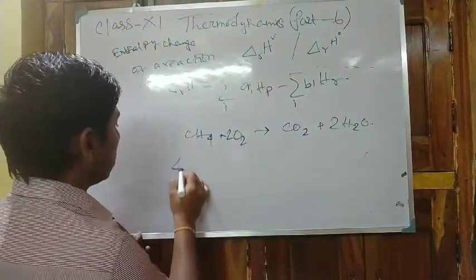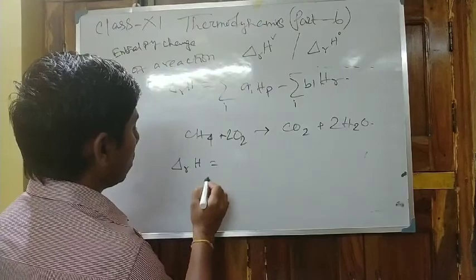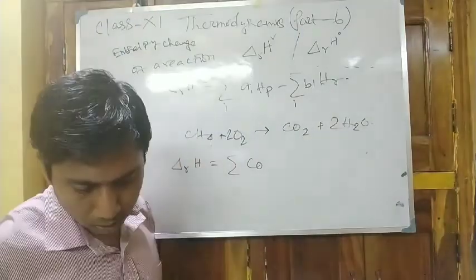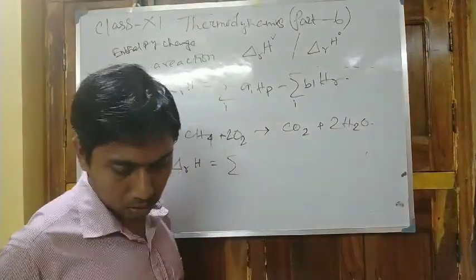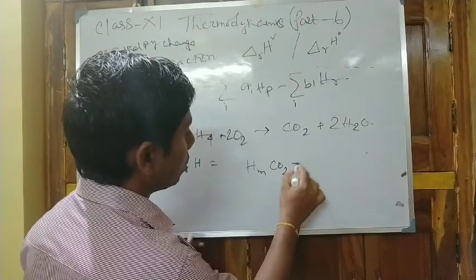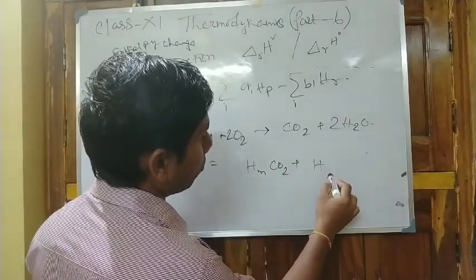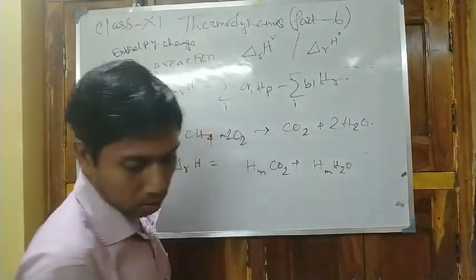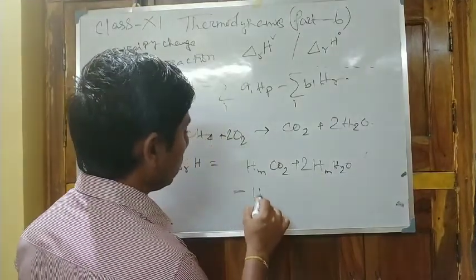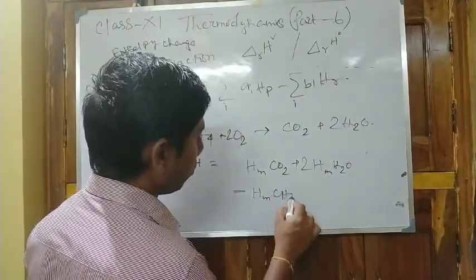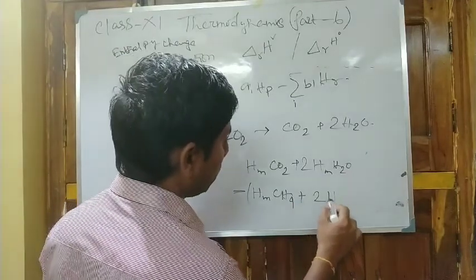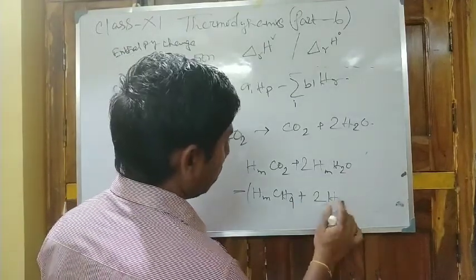For this reaction, delta rH is equal to H_m of CO2 plus 2 times H_m of H2O, minus H_m of CH4 plus 2 times H_m of O2.